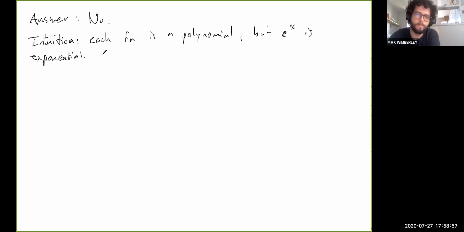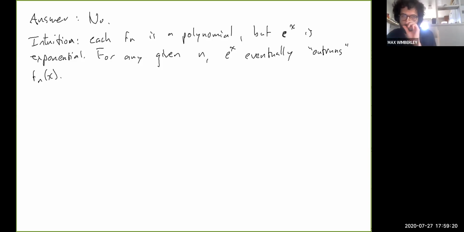So for any given n, e to the x eventually outruns Fn of x. So here's how I would go about giving a rigorous solution to this problem.